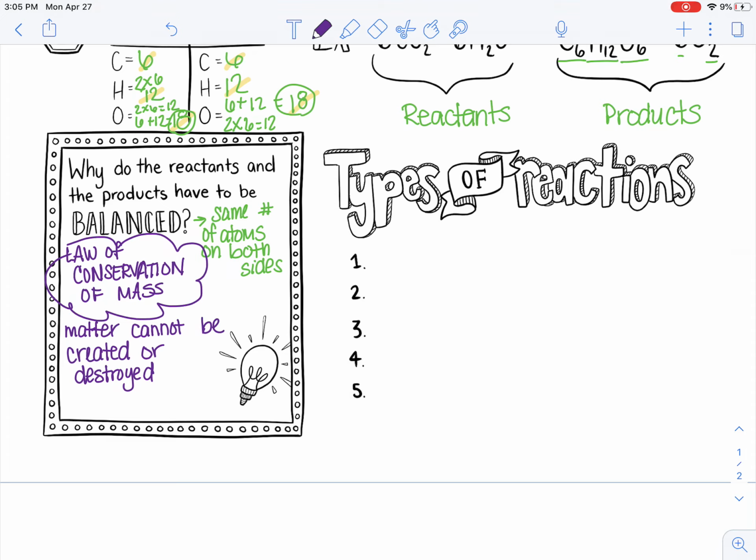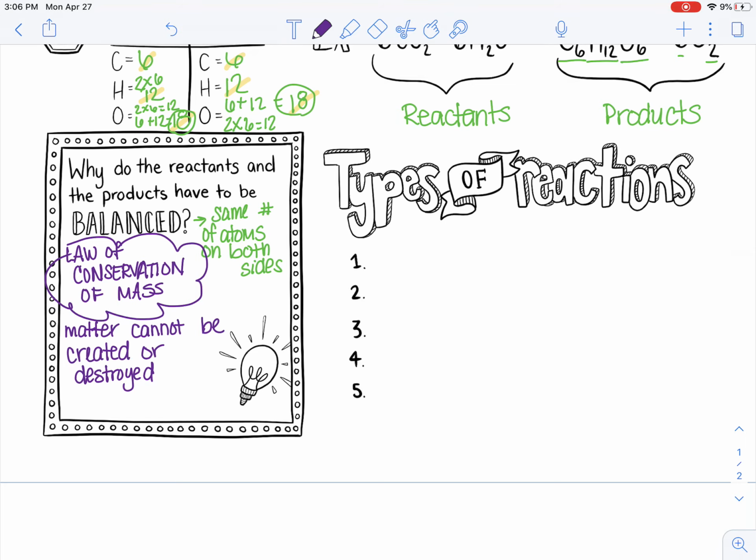I can't just make them appear out of thin air. That also means that when I am turning that water into something else, the hydrogen and oxygen atoms have to go out into something. They can't just disappear. We're going to talk more about this law of conservation of mass in the next set of notes.